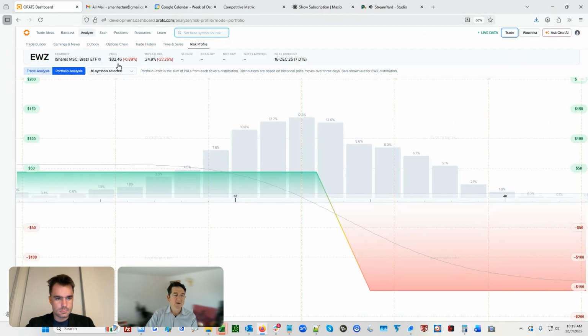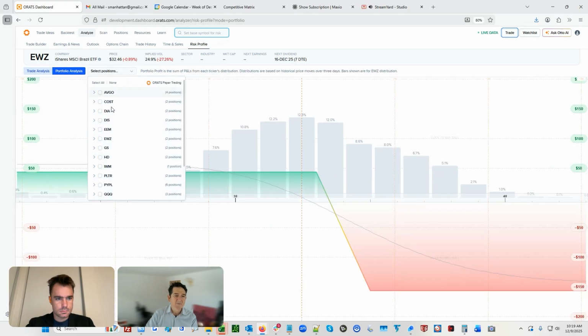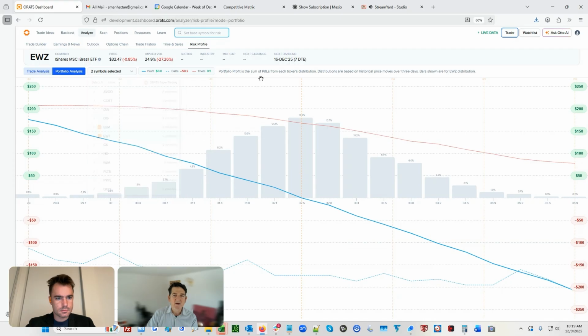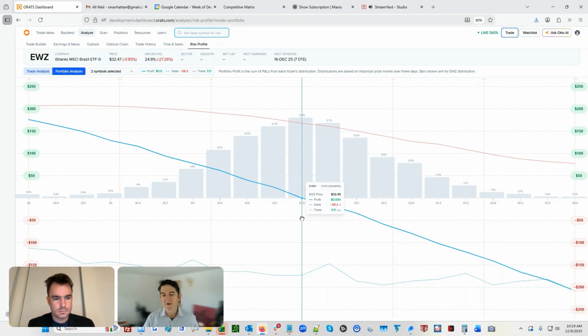In terms of EWZ, I could select none, and then just select EEM and EWZ, and I could see that, well, shoot, I'm really short in the foreign symbols, EEM, EWZ. Later we'll get into more correlations and stuff like beta weighting.